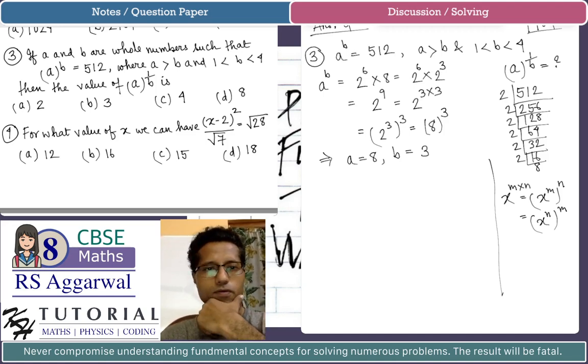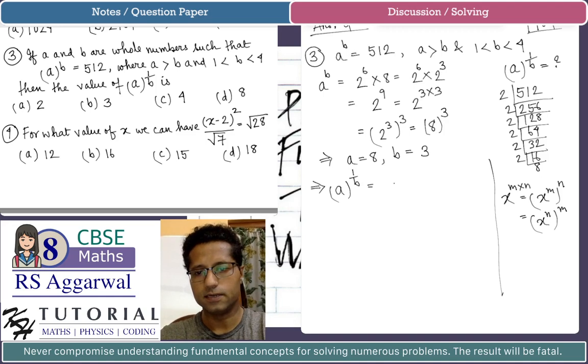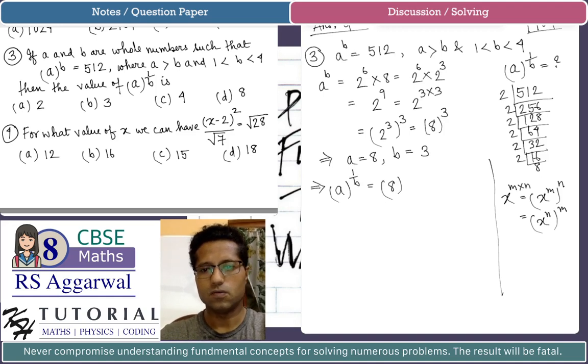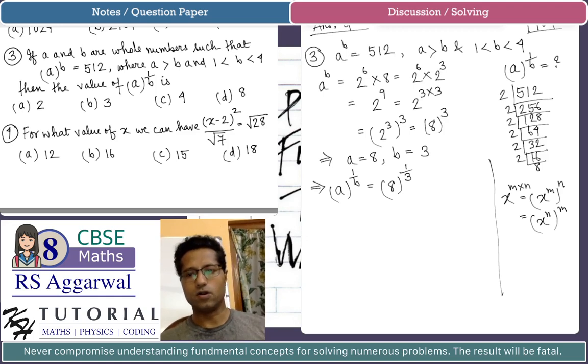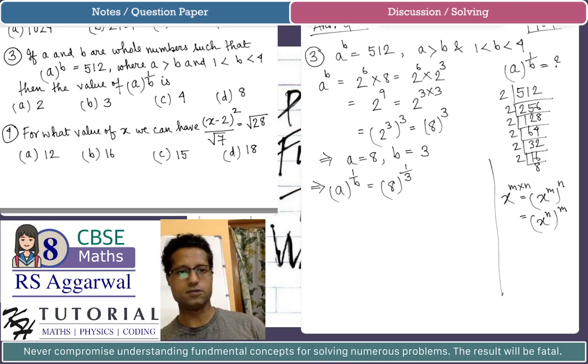Okay, now it is asking for the value of a to the power 1 by b, which will be 8 to the power 1 by 3.